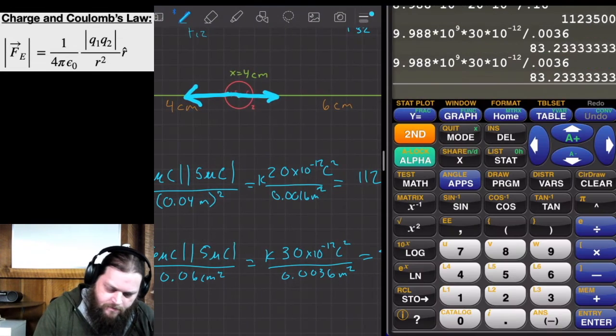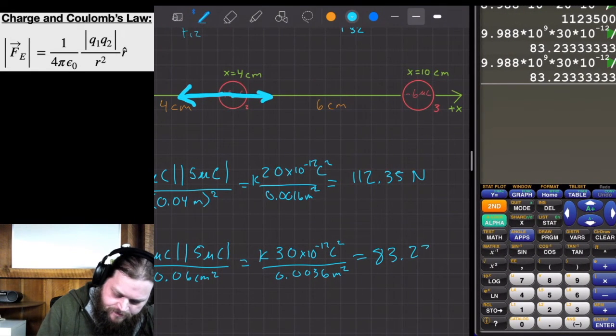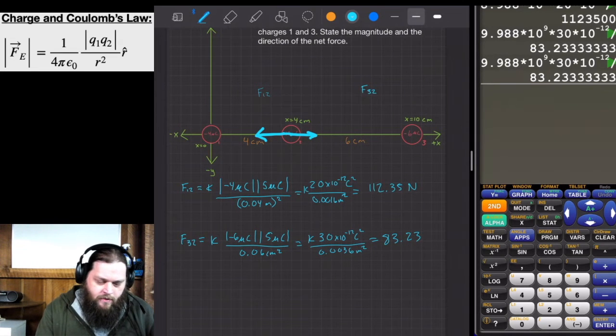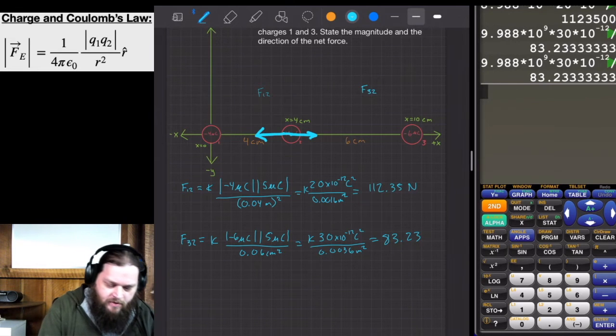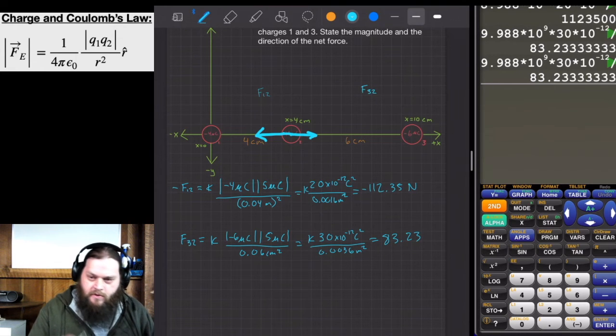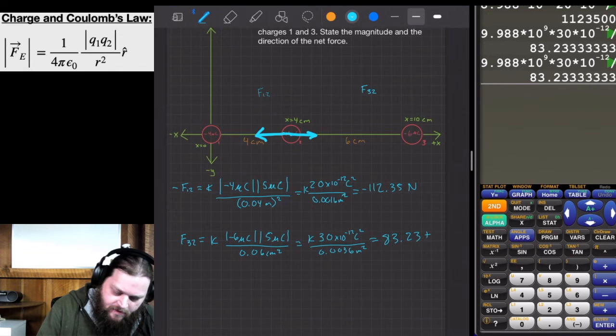83.23, I said. Okay, so the force from 1 to 2 is pulling on the negative x-axis, so this is going to be a negative value, this 112. The force from 3 to 2 is going to pull on the positive axis, so this is going to be a positive value here.